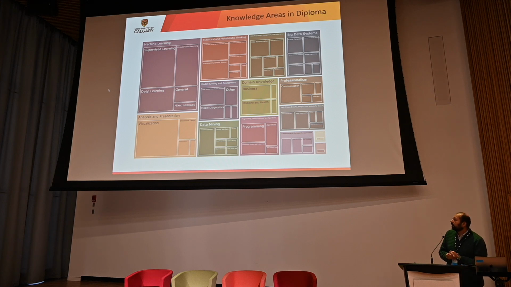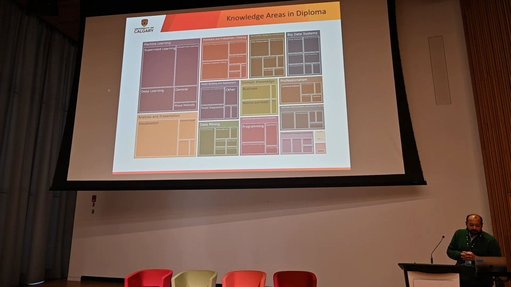What's really shown here is how well aligned our curriculum is with those knowledge areas. This is a tree map showing what topics are covered. The size of each region shows how much coverage each topic receives in the program.